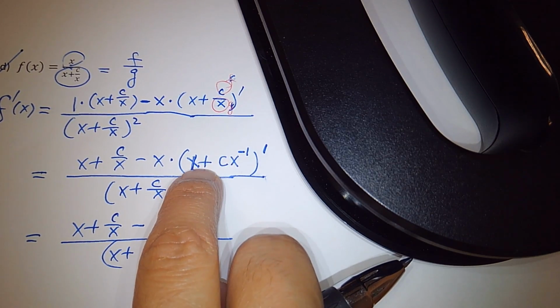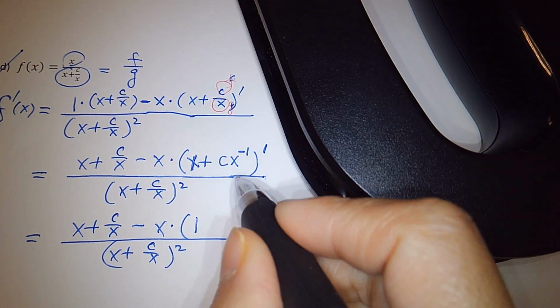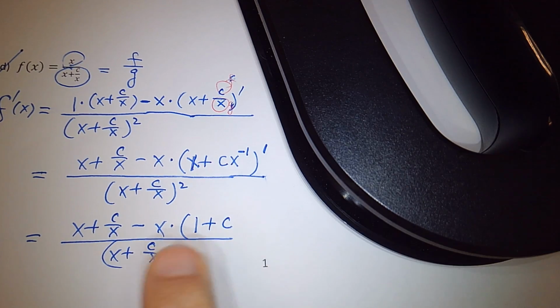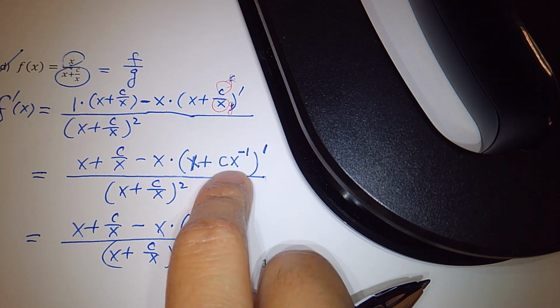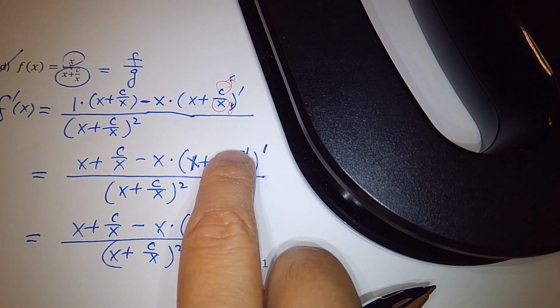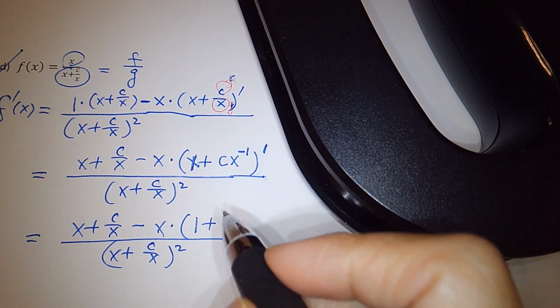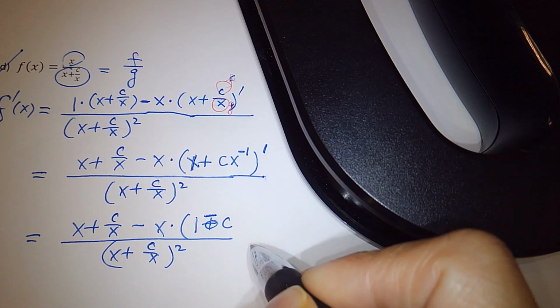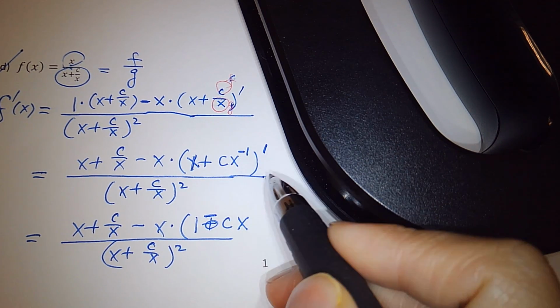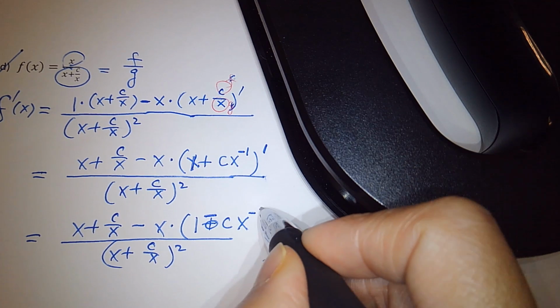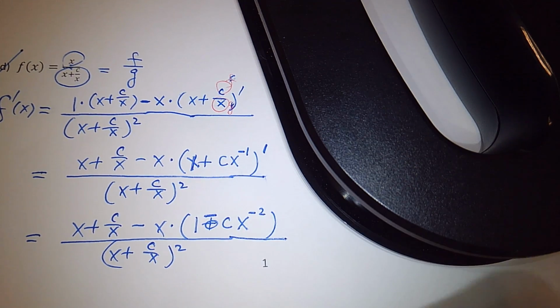What is the derivative of x? 1, plus c times x to the negative 1 power differentiation. What should we get? Negative 1 times c, right? c x to the negative 1 minus 1, negative 2.